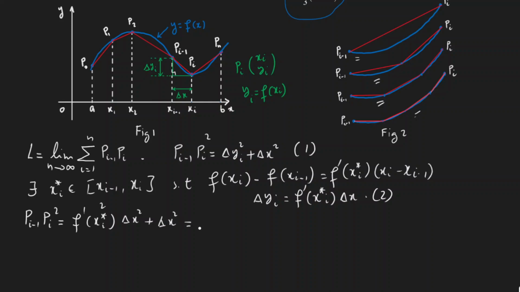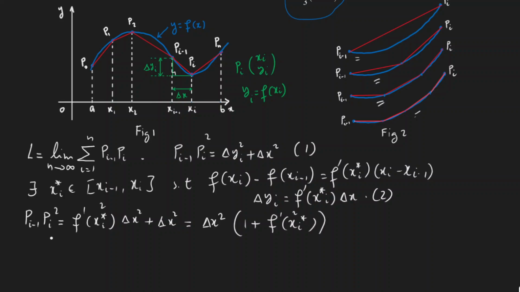And if I factorize it, I will have delta x squared times 1 plus f prime of xi star squared.